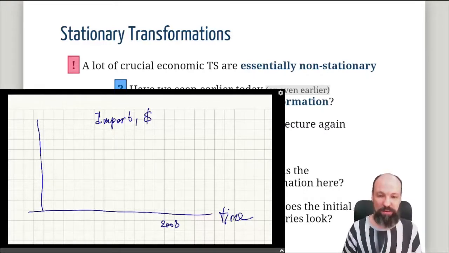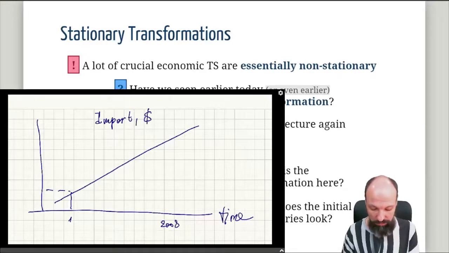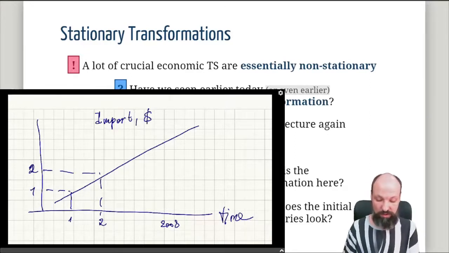Because if something grows linearly like this, what is the percentage change? The percentage change, for example, if it started here at value 1 and the next time period is +1, which is 2 here, this is linear growth, and then it's 3 and so on. What is the percentage change between these two values?